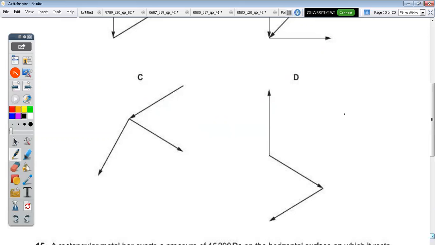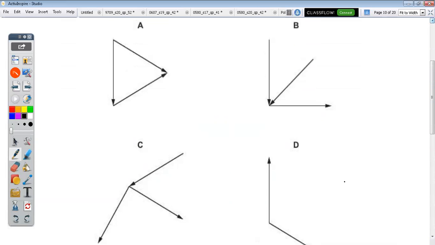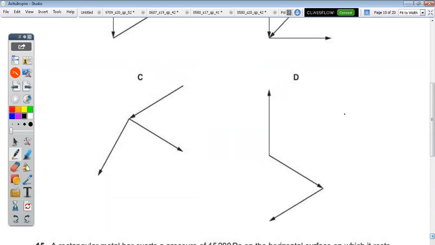Balanced forces. D is obvious. B is wrong. You know that. There's no equilibrium. Oh, I think it's C. Yes.